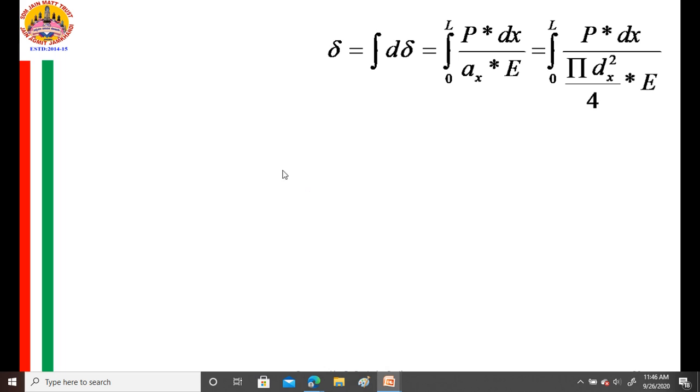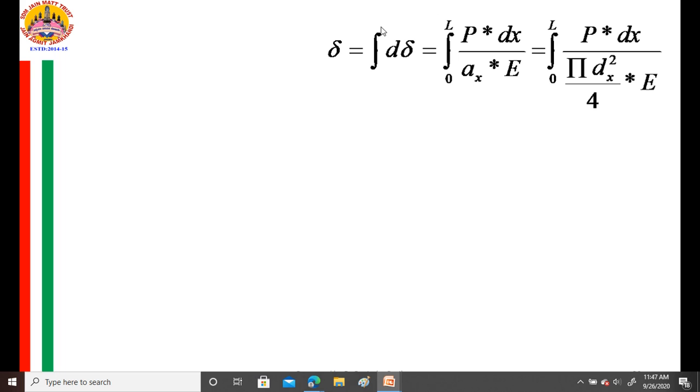Delta is equal to the integral of del d, that is equal to 0 to L of P dx divided by Ax into E. What is the value of Ax here?